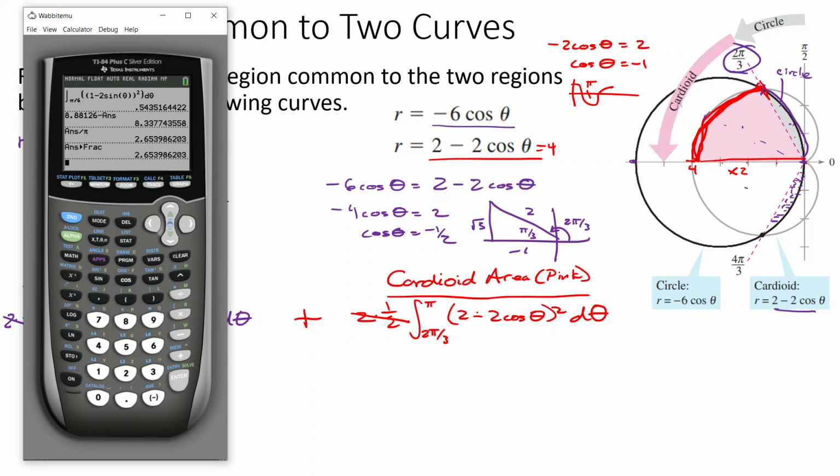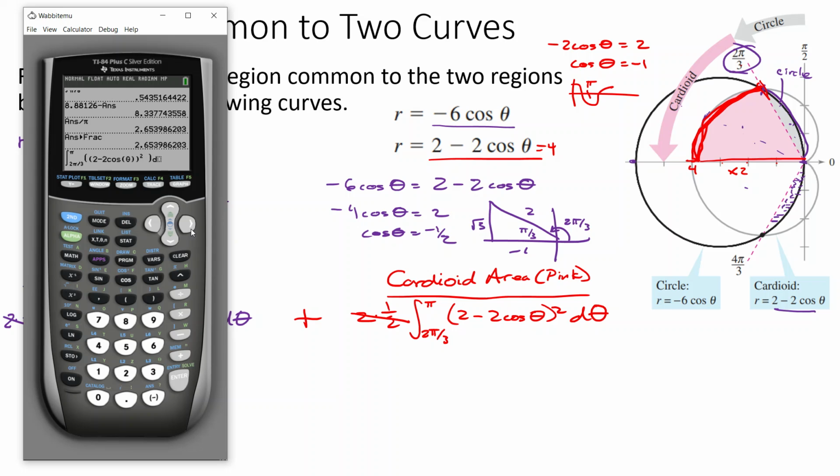All right, well, I can see this one, so I'm going to do that one. Math 9. We are going from 2 pi over 3 to pi. I think the longest part of this is probably typing it in. Then we've got parentheses, 2 minus 2 cosine of theta. Close the parentheses for cosine. Close the parentheses for the whole term.